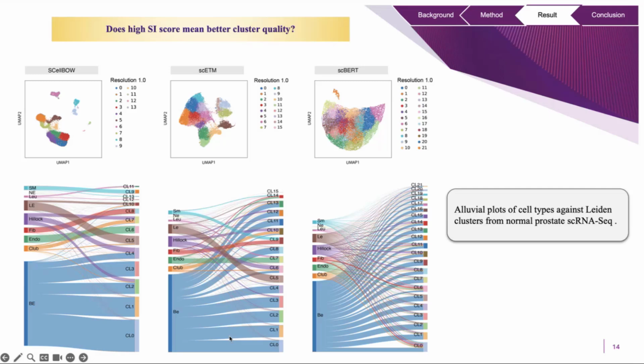So seeing that SCellBOW is able to outperform so many existing tools, we were confident that if somebody is using the transfer learning way of doing clustering, using a doc2vec model, they can actually get good clustering results, which can help to find the rare clones that are present.